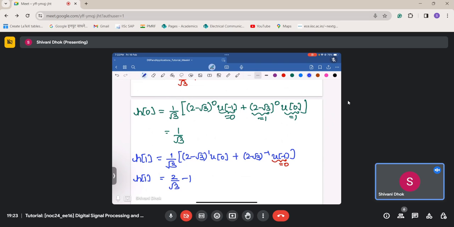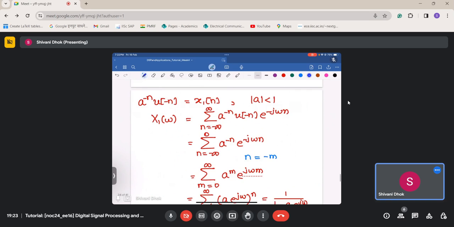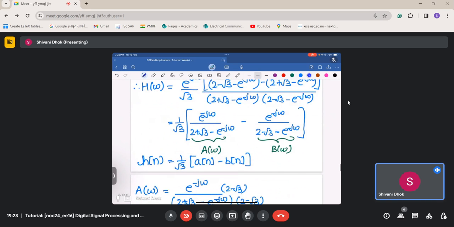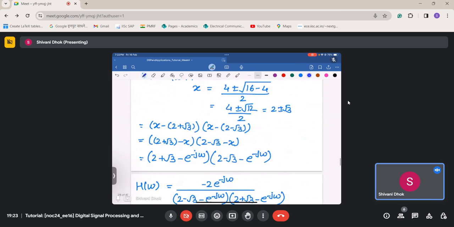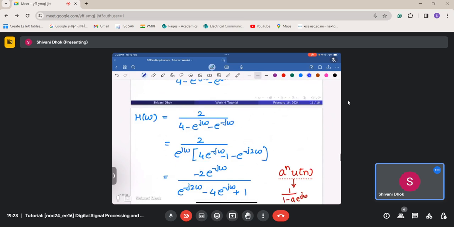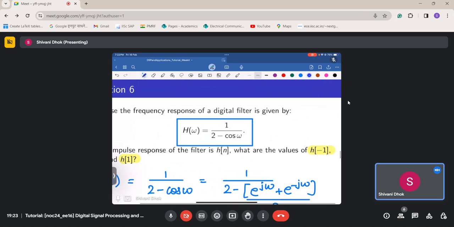We can make use, but in trigonometric relations also the main issue is it's not simply integration of 1 upon 2 minus cos of omega. What you can do is write it as 1 plus 1 minus cos of omega, then cos omega we can write as cos square omega by 2 minus sin square omega by 2.